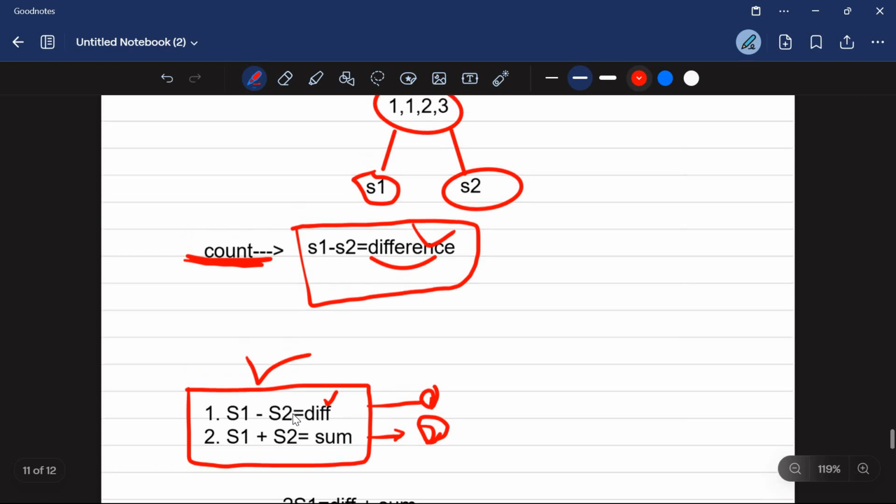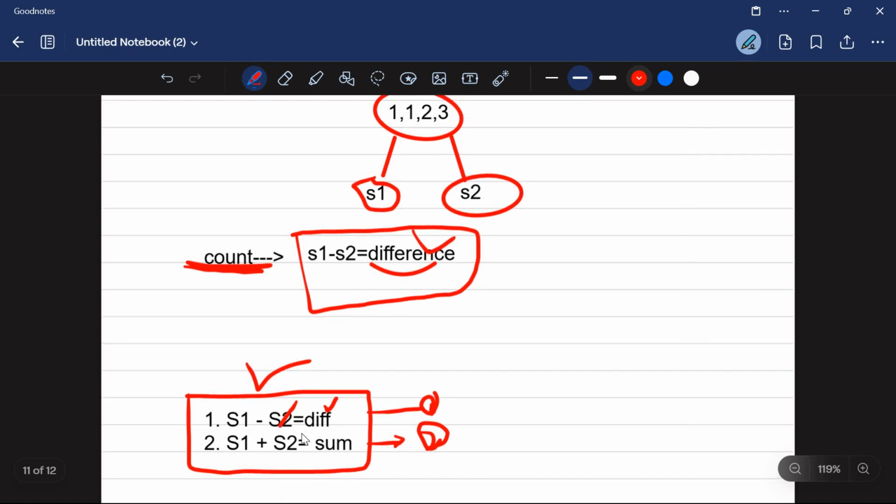So if I add these equations, S2 cancels. If you know one value, you can automatically get the second value also.